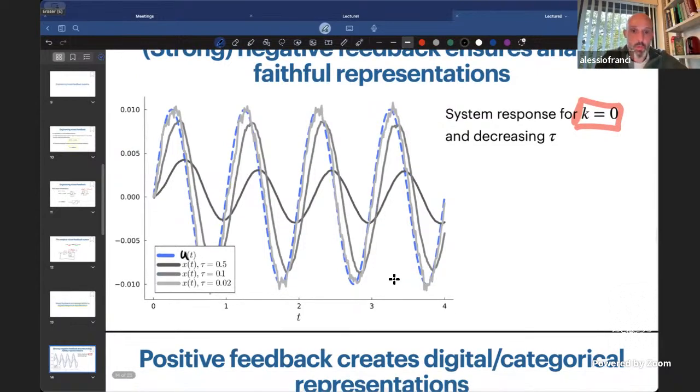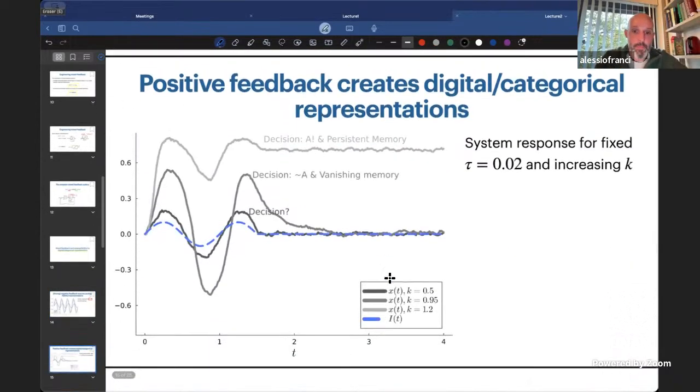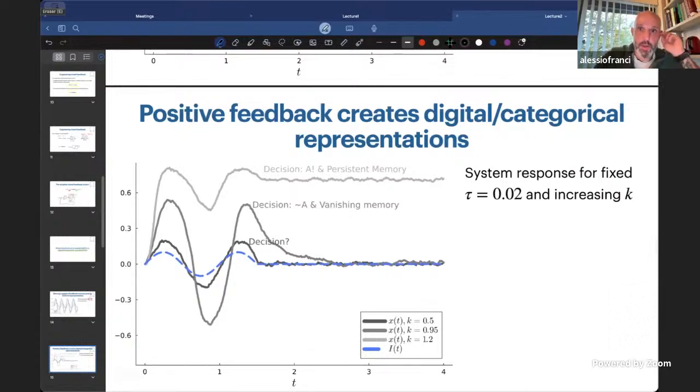Let's see what happens when we start to increase the positive feedback gain. So here I'm taking the strongest negative feedback, fixing the tau that fixes the strength of negative feedback to the strongest one of the previous slide, and increasing the strength of the positive feedback.